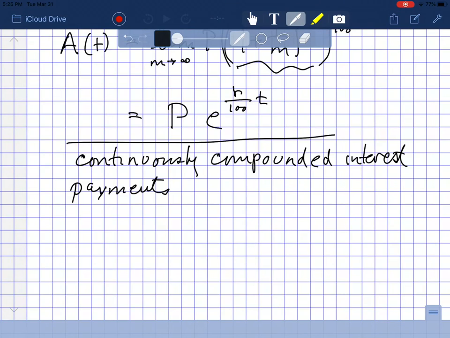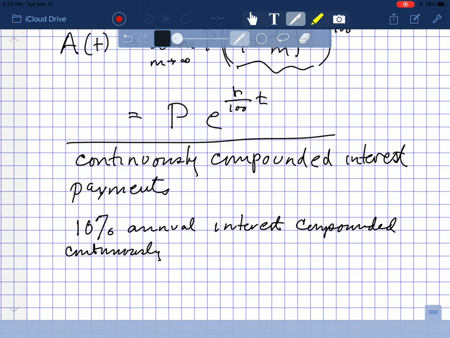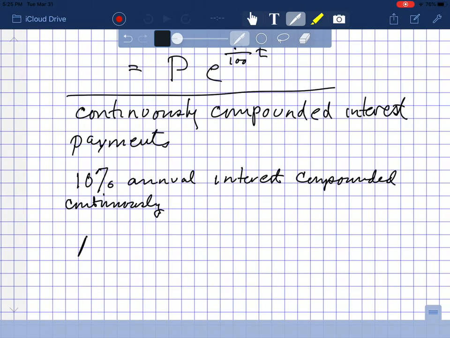So this is really important. If you see a savings program that says 10% annual interest compounded continuously, put all your money in it.